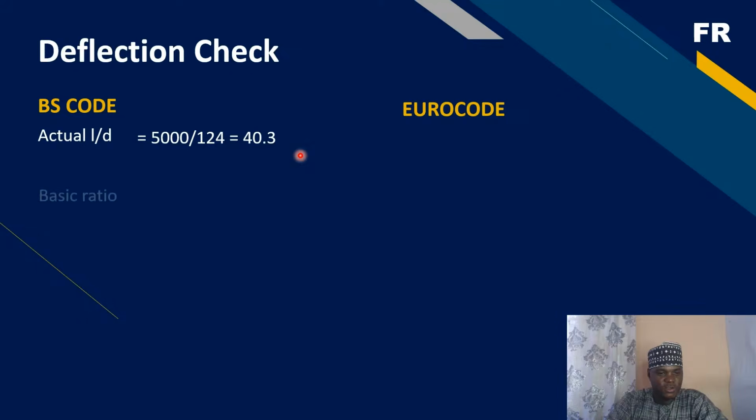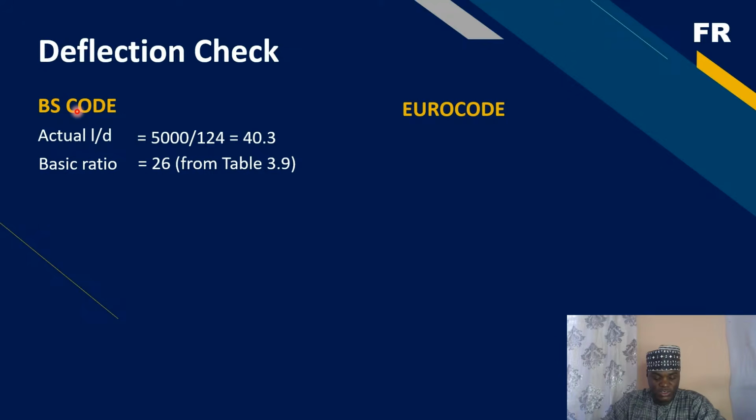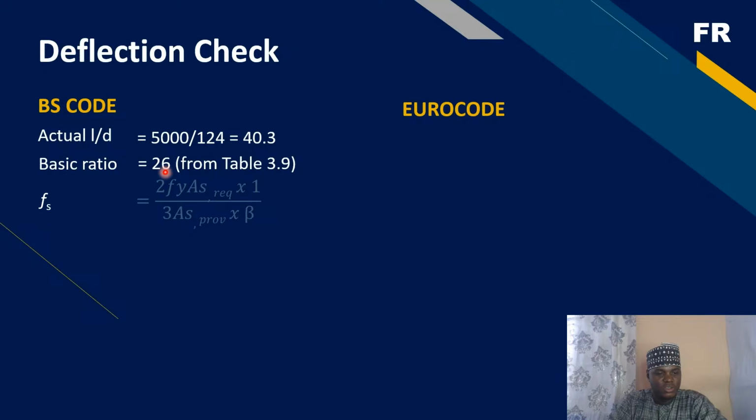Because of that, we need to calculate our basic ratio from table 3.9 of BS 8110, we have 26. Then we need to calculate fs from this formula by substituting the As required and As provided. Beta is always taken as 1. So at the end of the day, you have fs equals 157.4.